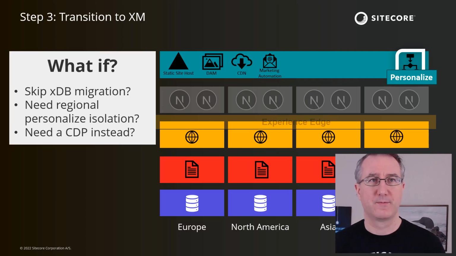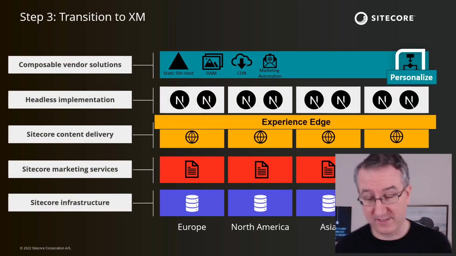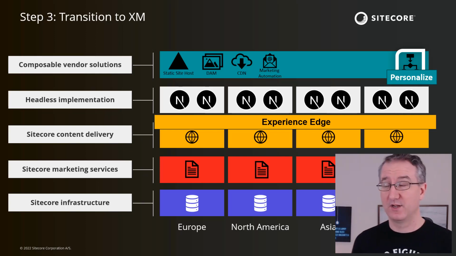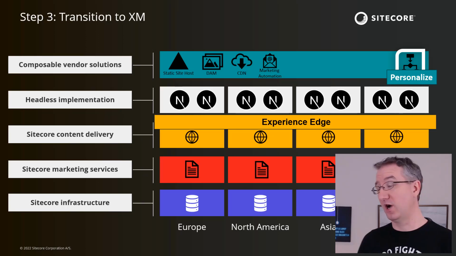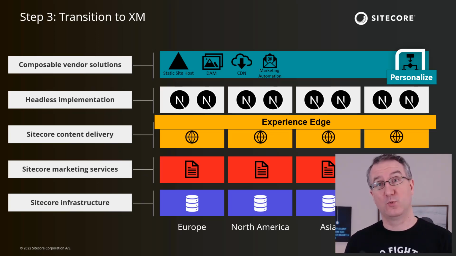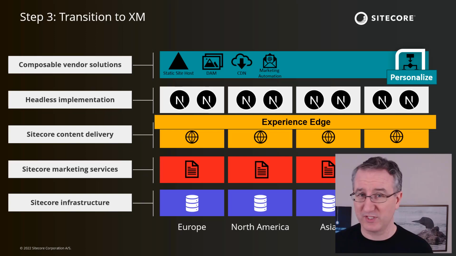All right, but we are going to assume another line in the sand. It's probably all these hundreds of sites moving at different paces, but we're going to draw the line at everybody having now gotten off of XP and onto XM. And now we want to take care of all the last little bits of static site publishing and content delivery customizations.